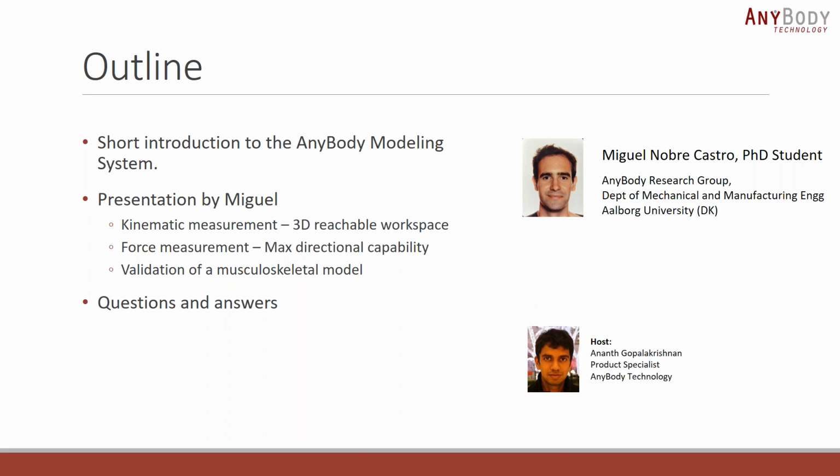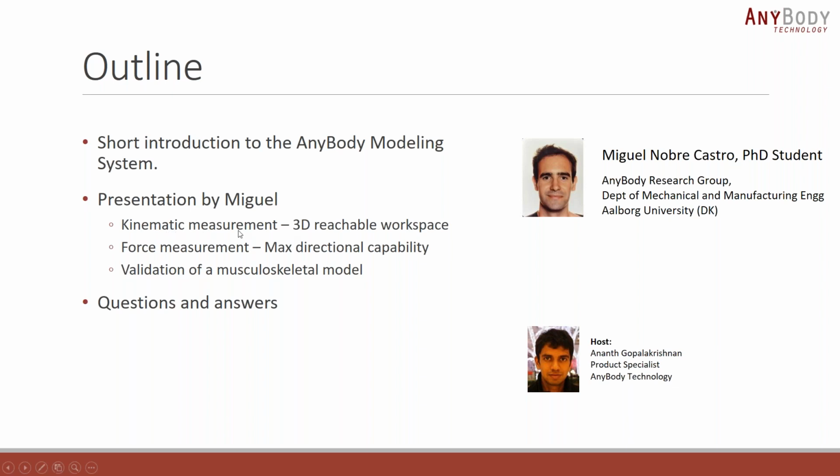So just to give you a quick overview of how things are going to proceed, we'll start with a quick introduction to the Anybody modeling system for those of you who are new to this software. This will be followed by Miguel, who will give us the meaty details of today's talk.